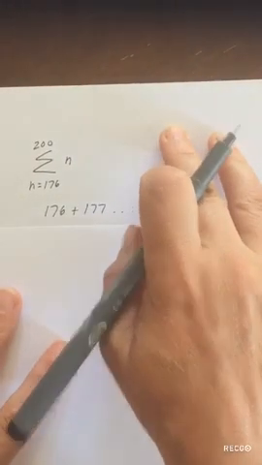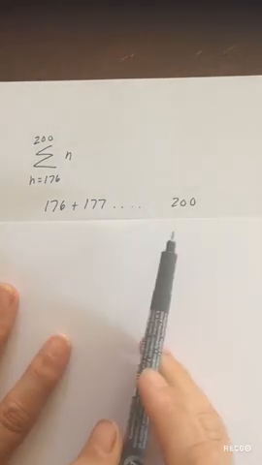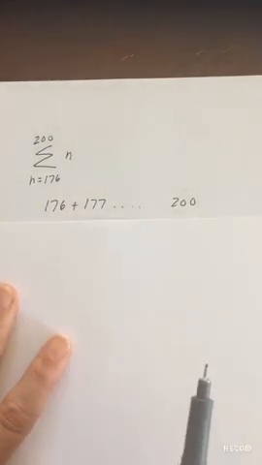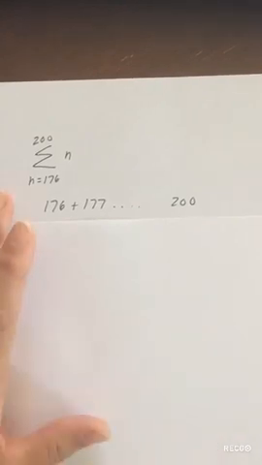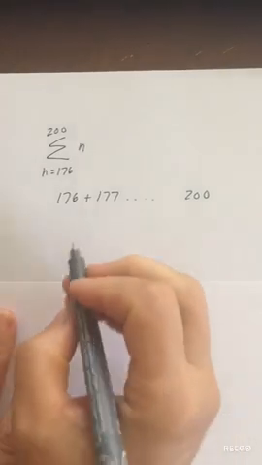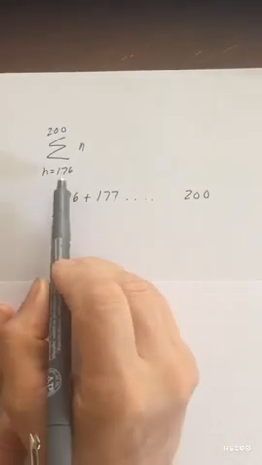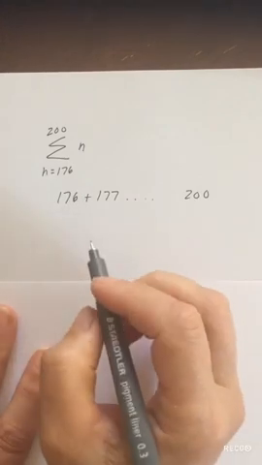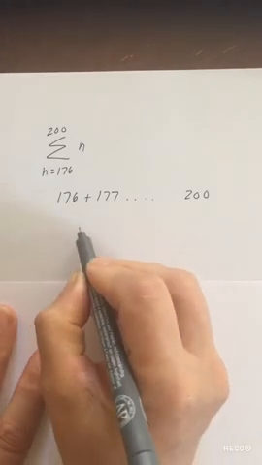Okay, let's look at a sum like this one. This is the sum of the numbers from 176 to 200, if you think about it, and so that's going to be arithmetic. So you can use the summation formula for an arithmetic series. There are going to be 25 terms in that range of numbers. So what is the formula?